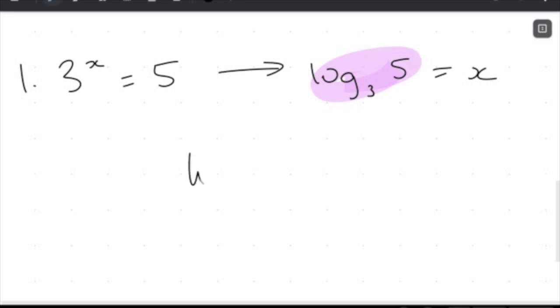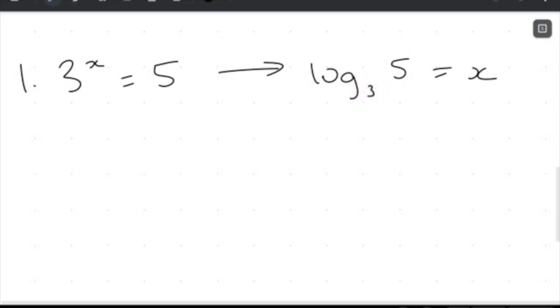This is what we were talking about before: log to the base 10, which our calculator has on the log button, or log to the base e, the ln button that we have. So instead we're going to take a change of base. That's going to give us a different base down here and allow us to evaluate this with our calculators.